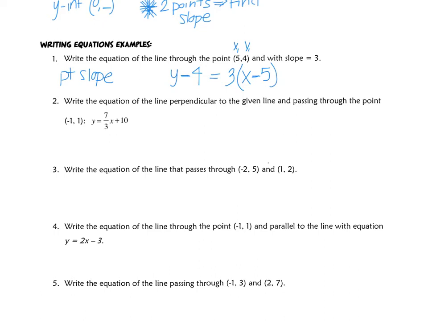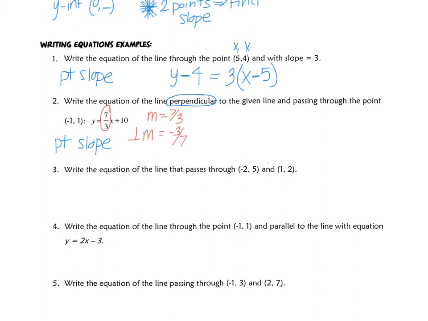Let's now look at example 2. Write the equation of a line perpendicular to the given line and passing through the point. Okay, so perpendicular means slope, and it passes through a point. So in my mind, okay, point slope, I'm going to use it. Now it's important to notice my slope here is 7/3. I want what's perpendicular, so my perpendicular slope would be -3/7. Opposite reciprocal.